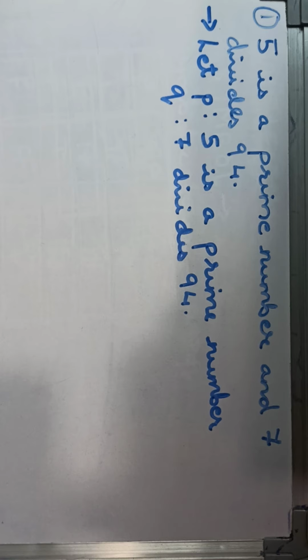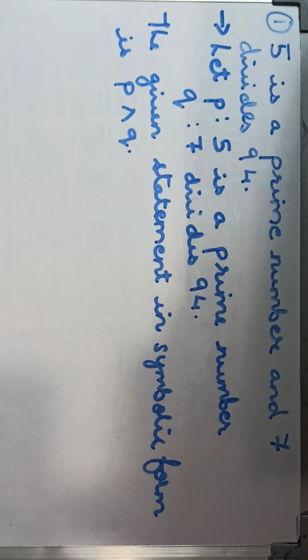Now the word used to join these two statements is "and." That means this is a conjunction. So the given statement in symbolic form is P and Q. This is how you write the symbolic form.